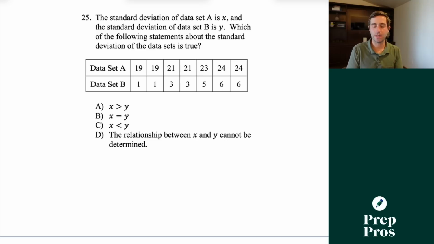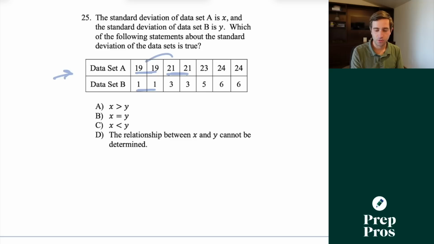But we'll sometimes get some slightly more tricky varieties where it's a little bit hard to tell what's happening. And that's what we're going to see here. So we're told the standard deviation of data set A is X, the standard deviation of data set B is Y. Which of the following statements about the standard deviations of the data sets is true? Well, what we want to notice here is in data set A and data set B, the first two values are the same.